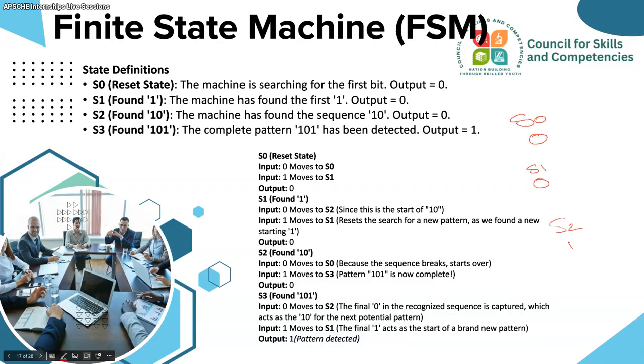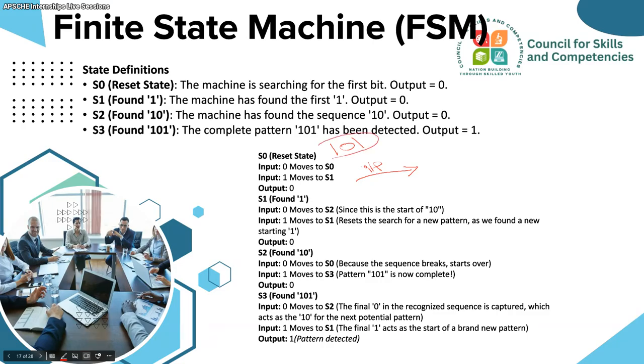So now our problem is, we want to detect 101. Somehow the input is coming to us. I told you we want to define the state. Our aim is to find 101. Please try to understand.